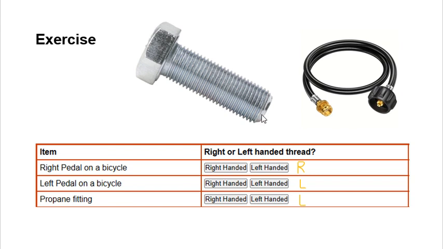So you've got to look very carefully where the starting point of the thread is, and put it front view to your eye's side, and take a look at whether it's going counterclockwise or clockwise. If that's counterclockwise, that's a left, and if that's going clockwise, then it's going to be your right-handed thread.